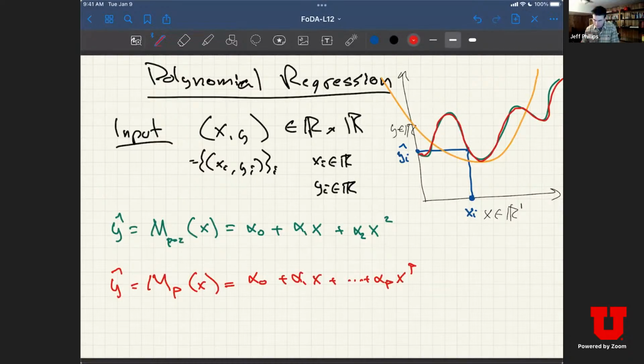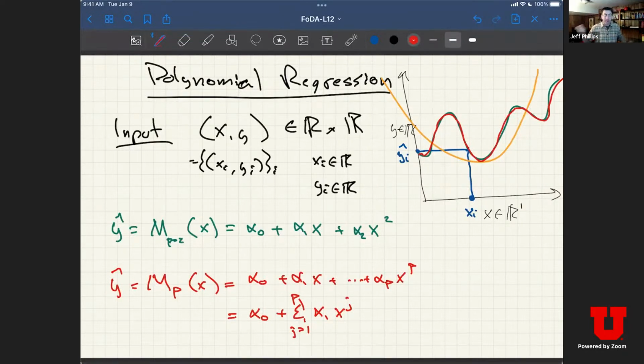You can also write this again as alpha 0, which is again the offset, what happens if all the coordinates are 0, plus the sum of j equals 1 up to p of alpha j times x to the power j. So instead of looking at d coordinates, I take one coordinate and I raise it to different powers.